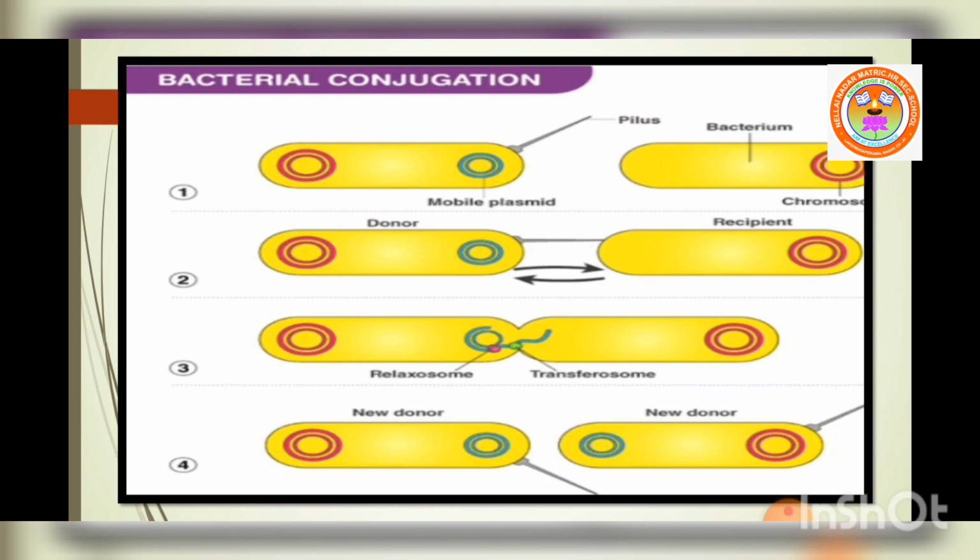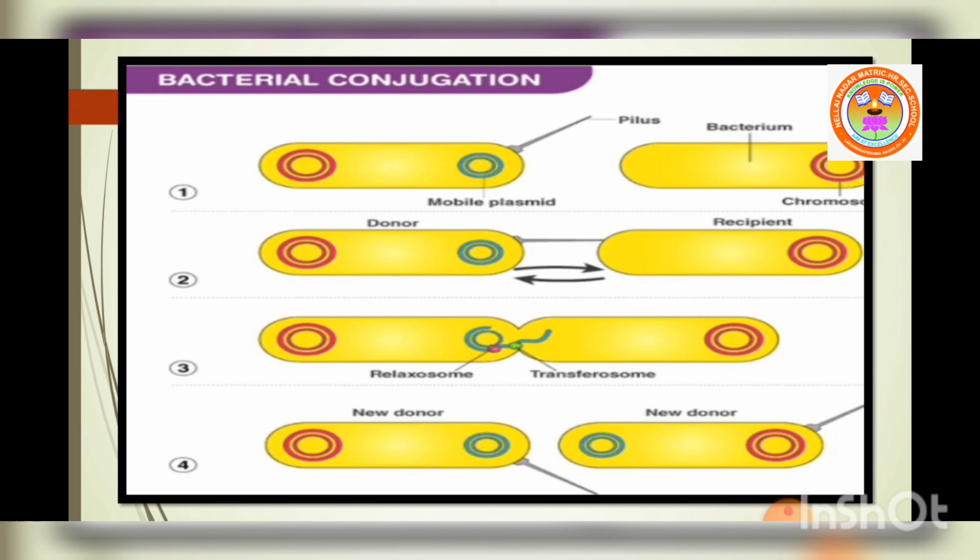After the exchange of nuclear material, the two bacteria get separated. So see the picture. Second picture, donor and recipient. Third picture, exchange of nuclear material. So after the exchange of nuclear material, the two bacteria separate from each other. So this is called conjugation.